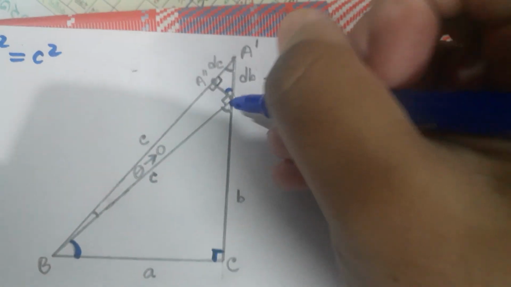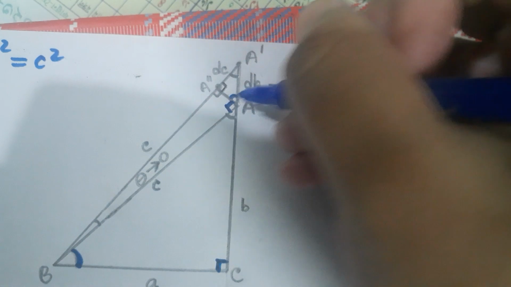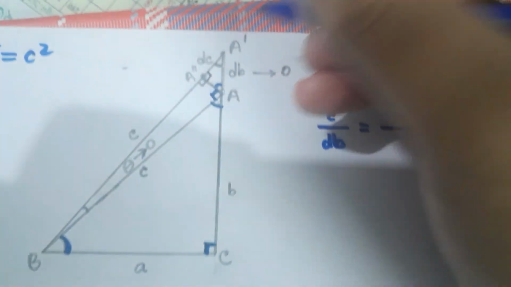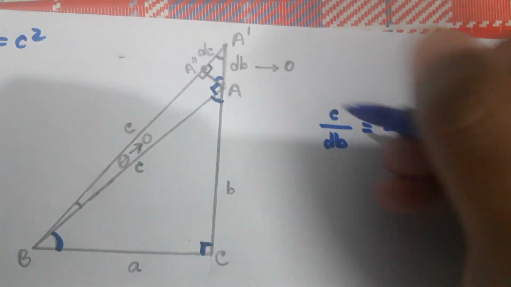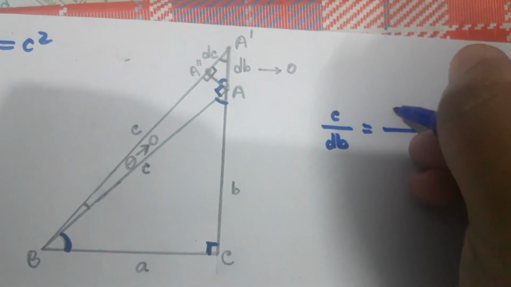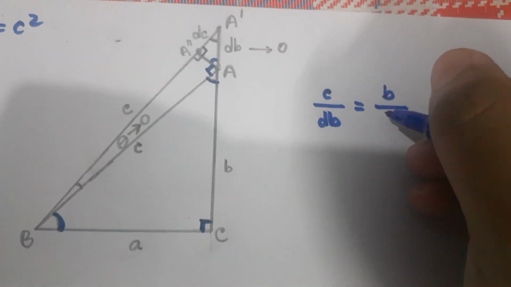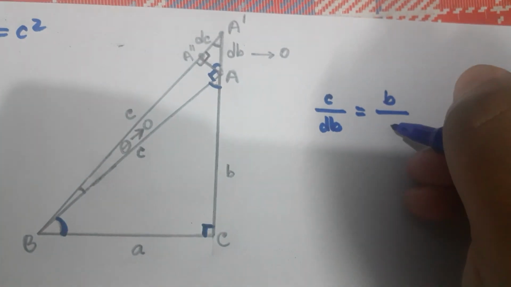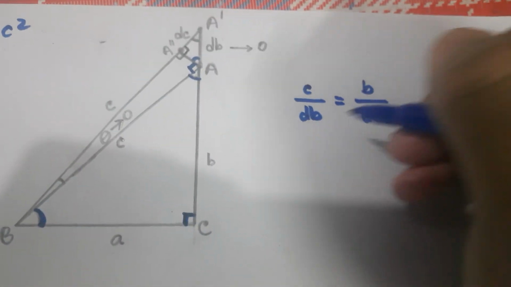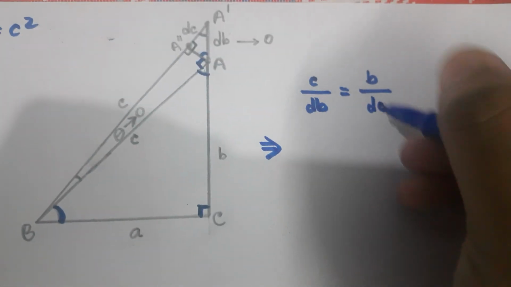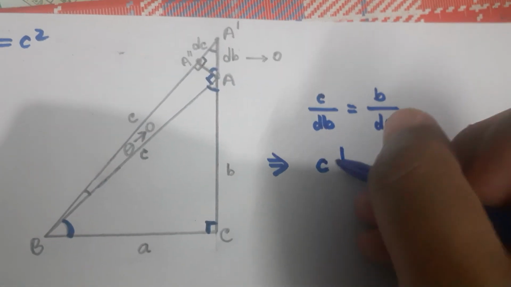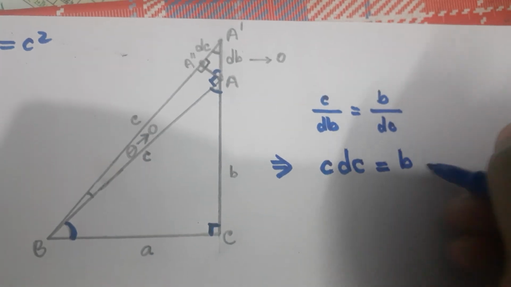So the ratio of b by dc is the same as c by db. Let me do the cross multiplication, which means c dc is equal to b db.